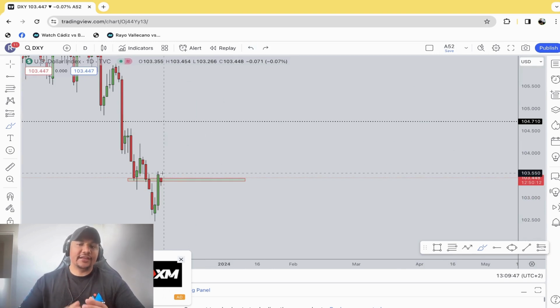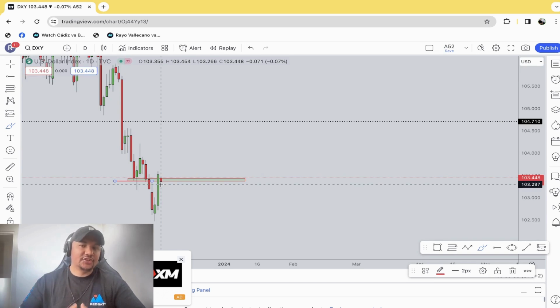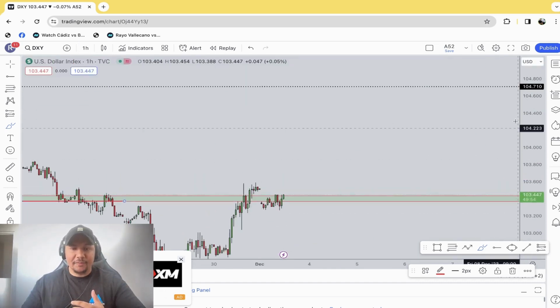So now that we've identified that we are trading in bullish territory, what we do know now is that we can start looking for those buying opportunities on the lower time frames. For that, you are obviously going to go onto your 4 hour, your 1 hour, and then you're going to start looking for places to buy from.